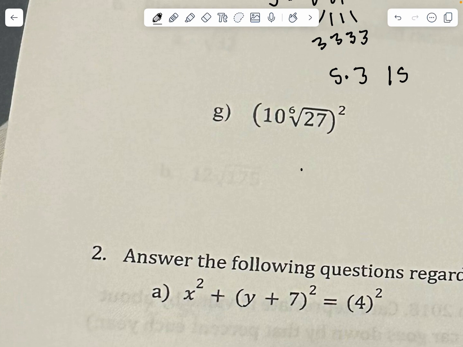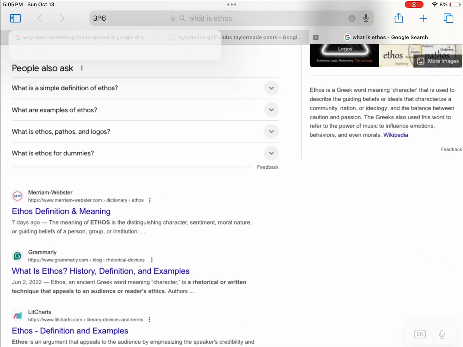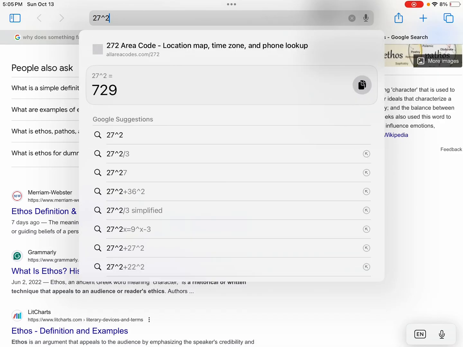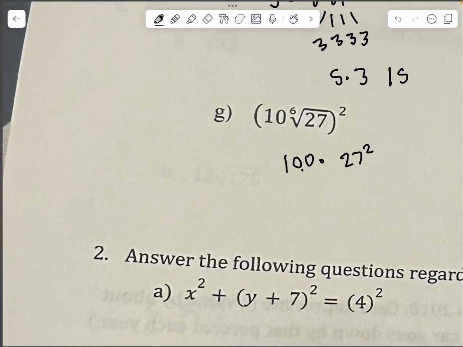Next one is, well, first you can multiply it by the power of 2, so it's going to be 100. 10 squared is 100, and 27 squared is 729.